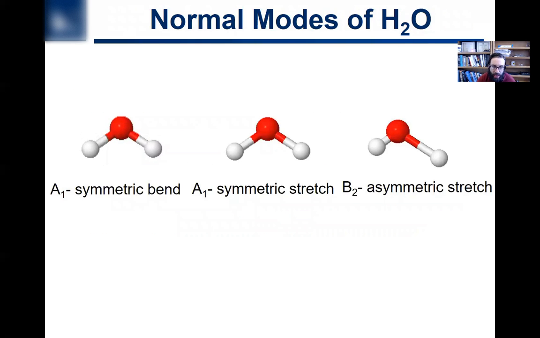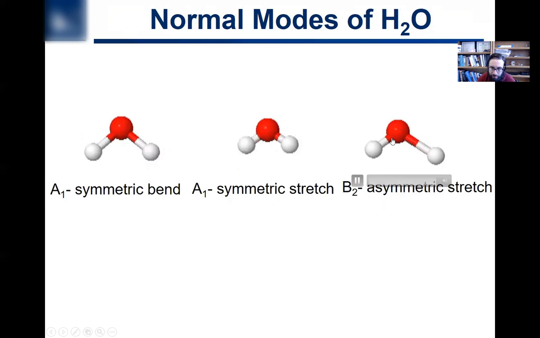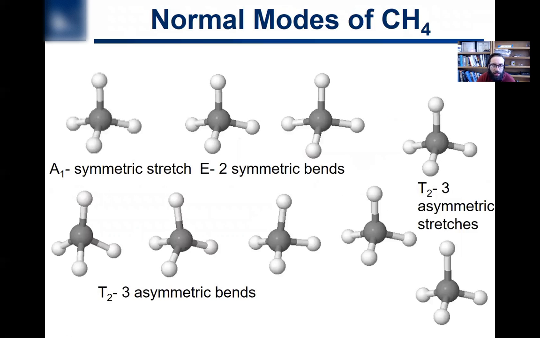More important is that we can give these different stretches and bends a symmetry. So you can see this is given a B2 stretch. You can clearly see that's some sort of asymmetric stretch. It's going in and out, in and out. And this is a symmetric stretch. And we have 3 modes as we expect because of 3n minus 6 for a nonlinear molecule.